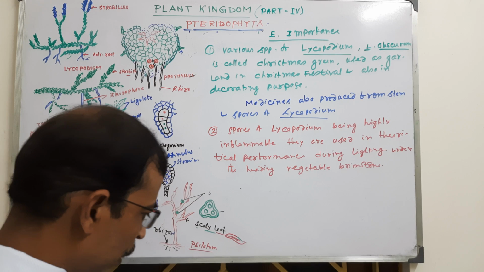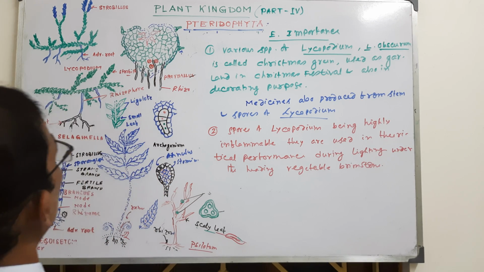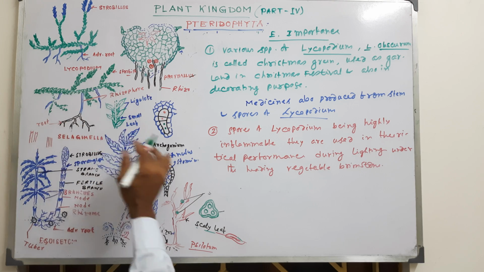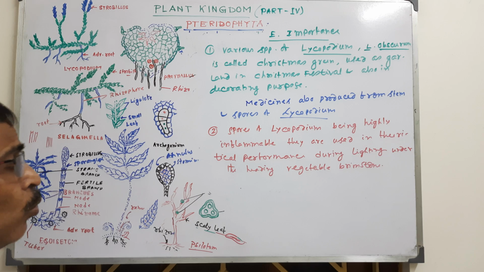Number four, Selaginella is also used for decorative purposes, because Selaginella also looks very nice. Also some species are kept in one's garden.